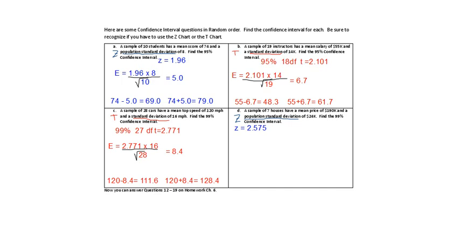Let's find our error. That's equal to 2.575 times 24, and we're going to divide that by the square root of 7. There's our fraction. There's our square root.